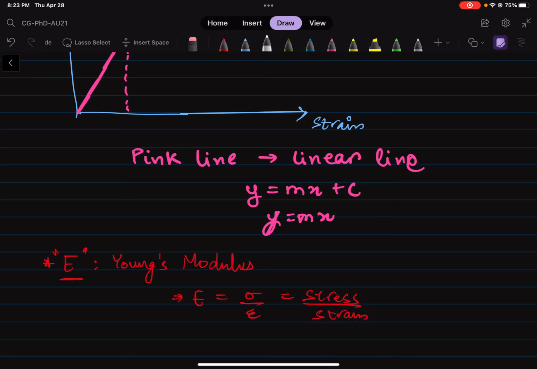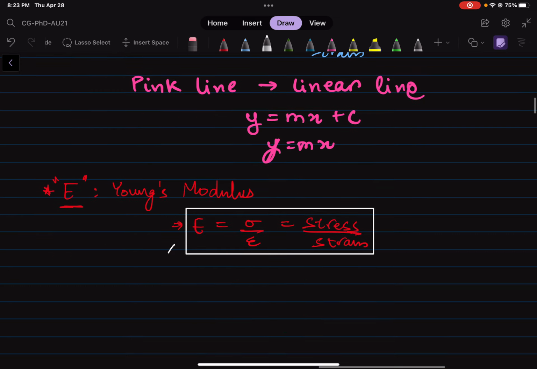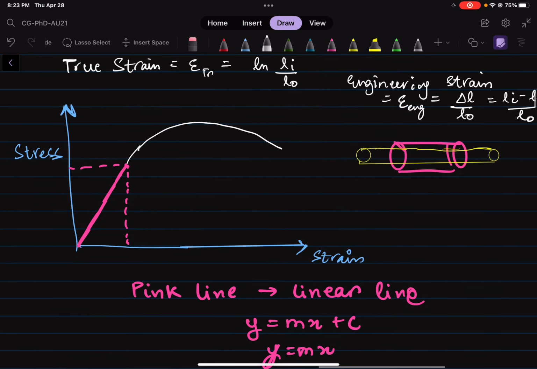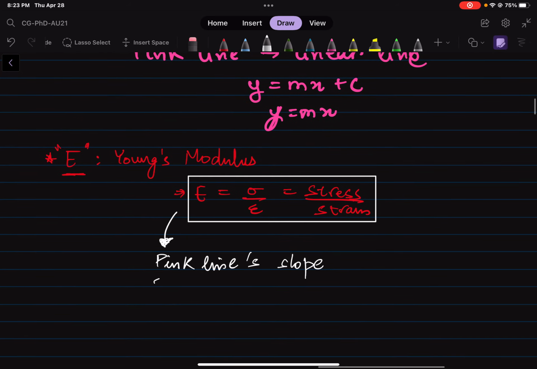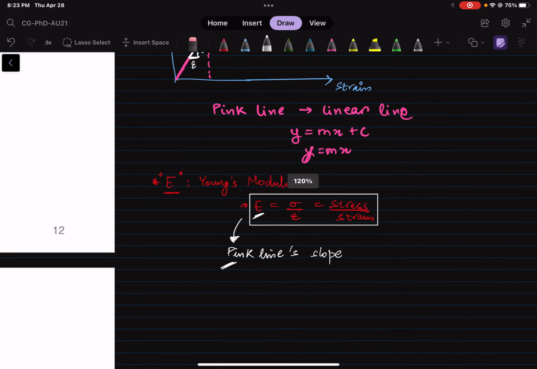So it is simply the slope of the curve. And what curve? You have to be very precise here. It is the pink line's slope. So in this range, if I take this triangle, this is some sigma, this is some epsilon. This slope here is given as the Young's modulus, or capital E.